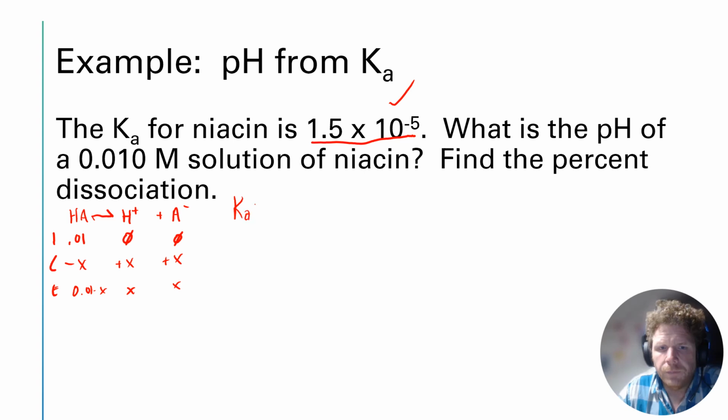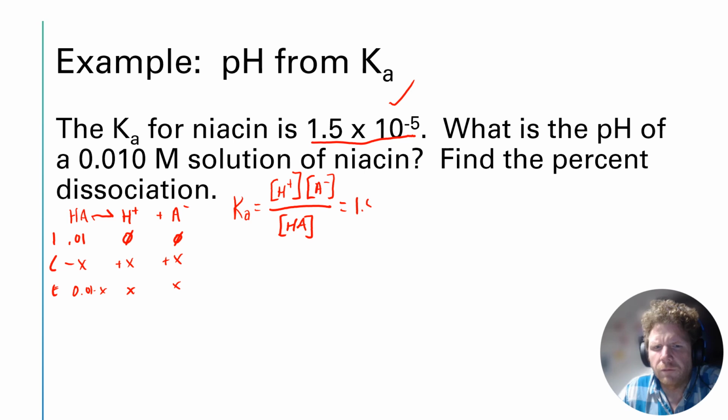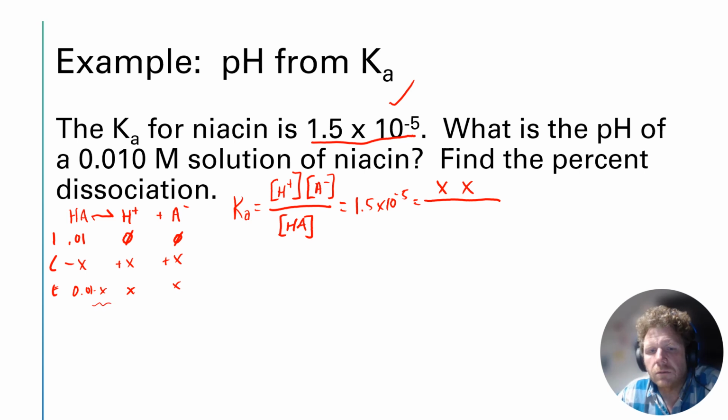Ka equals H plus, A minus over HA. So this is 1.5 times 10 to the negative fifth, is equal to, well, H is going to be X, A is going to be X, HA is 0.01 minus X, but I'm just going to ignore this minus X. So I'm going to write that as 0.01.